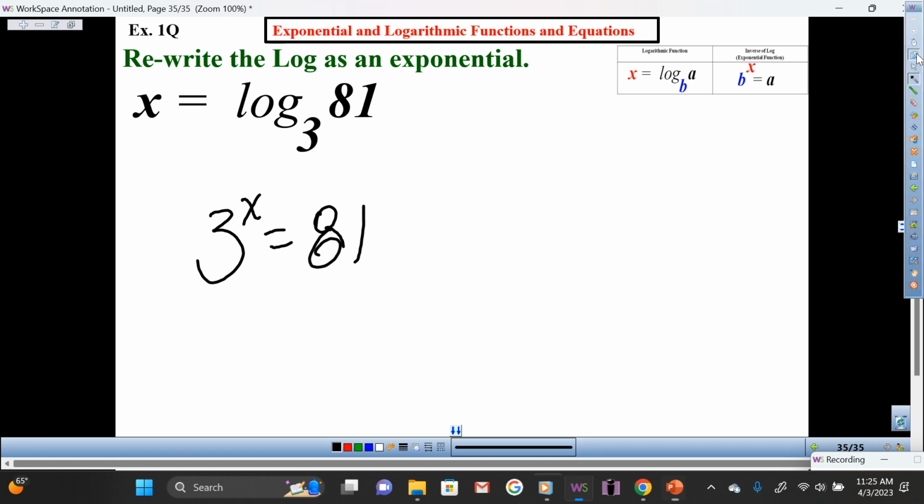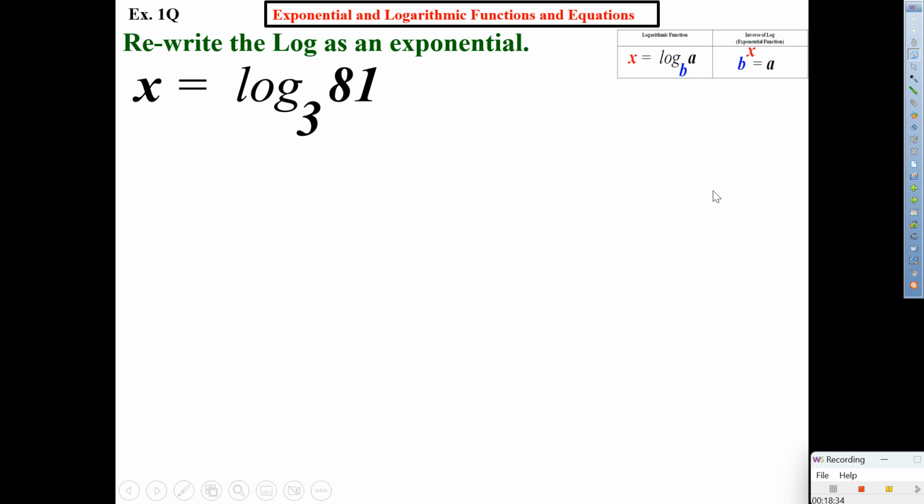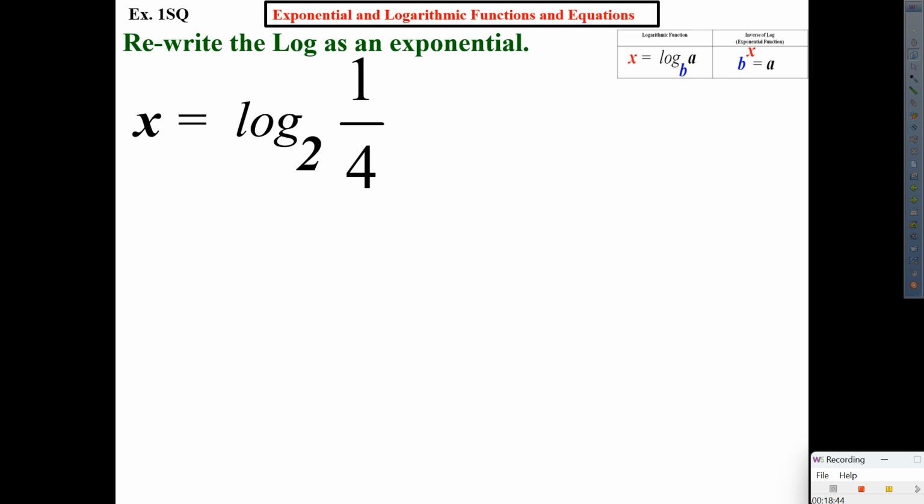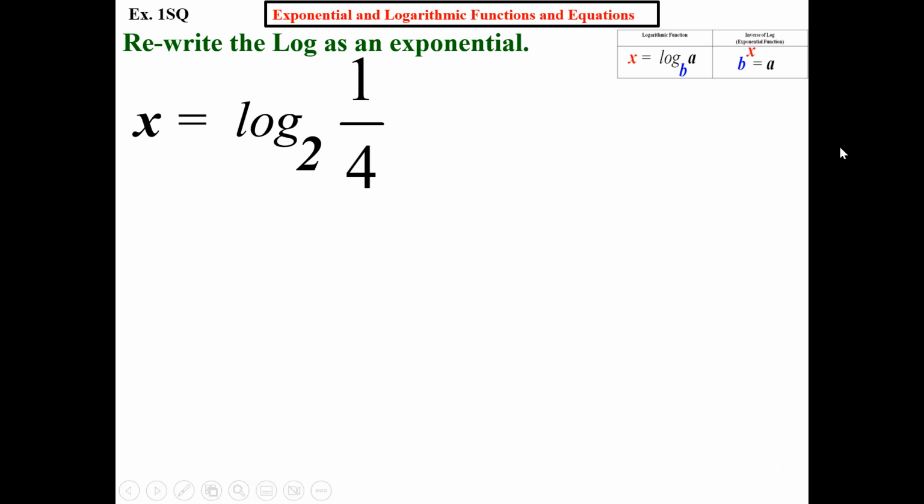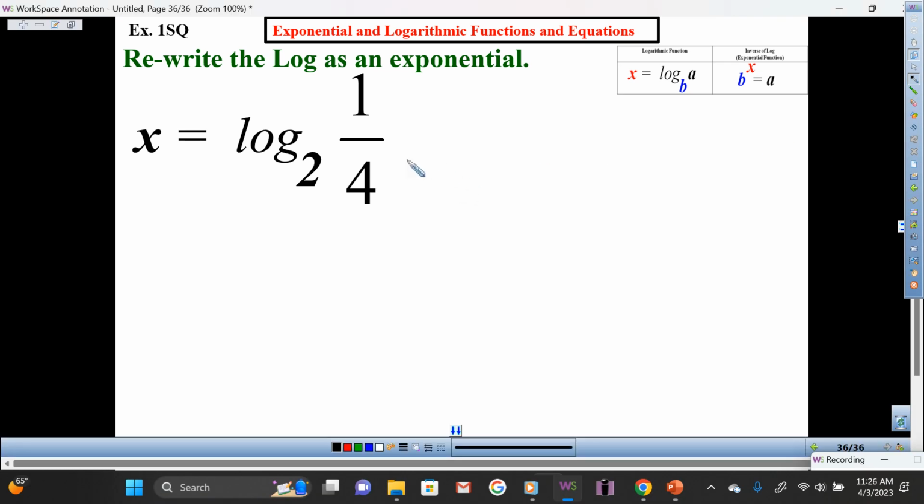All right, let's do another one. Copy this. Example 1 super Q, X equals log 2 to the 1/4. All right, check with the neighbors, see what they got, please.